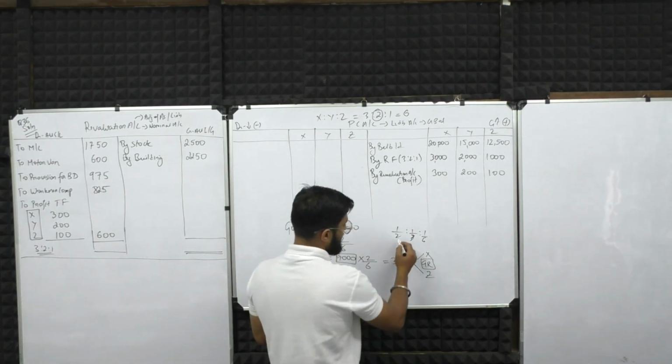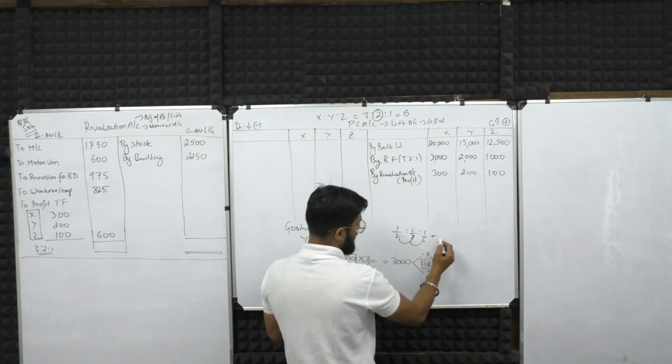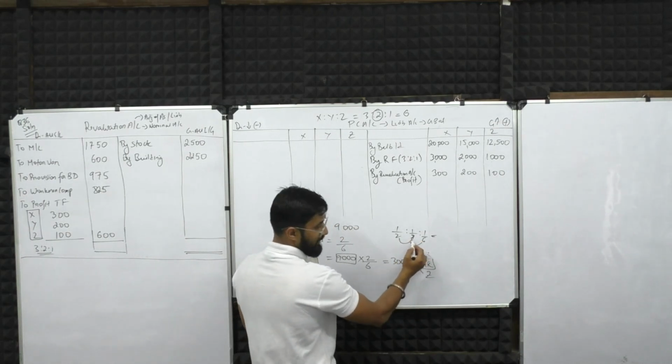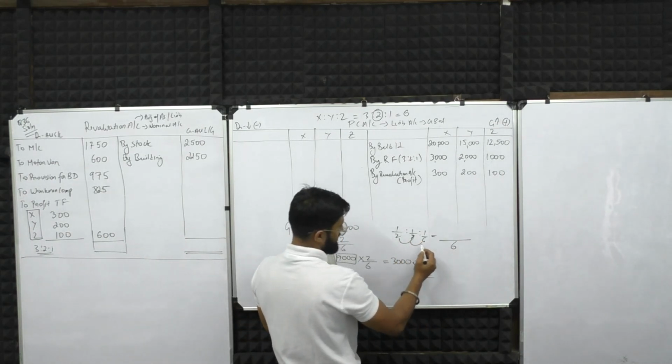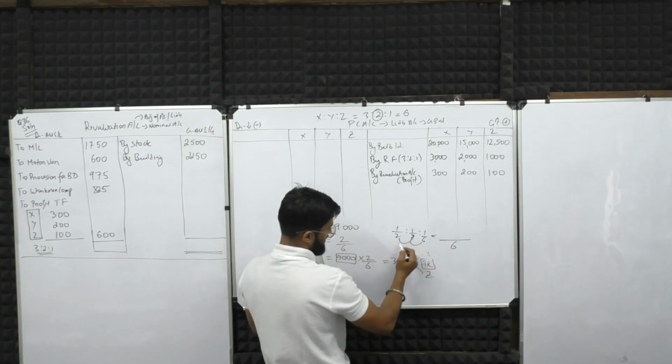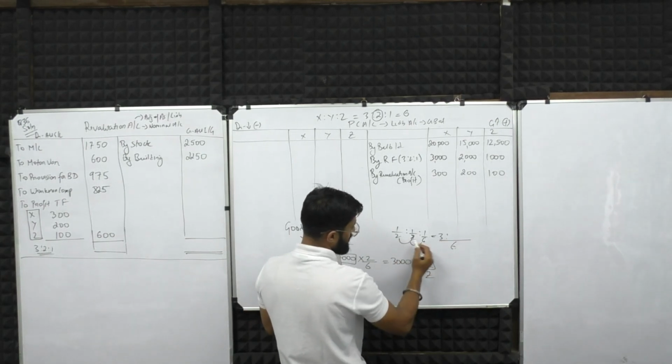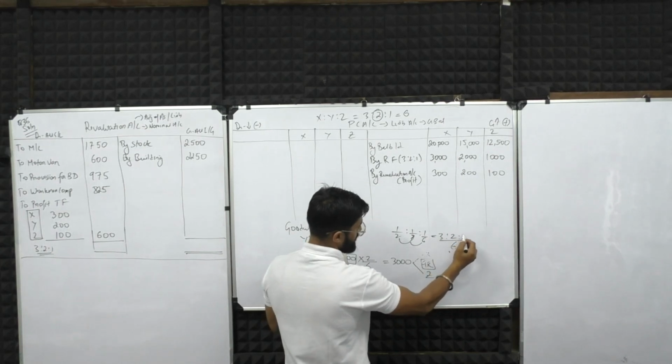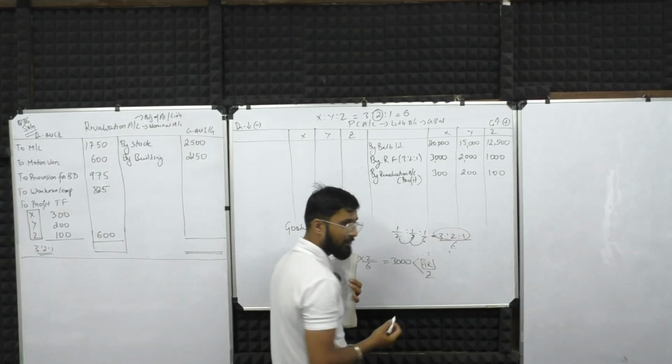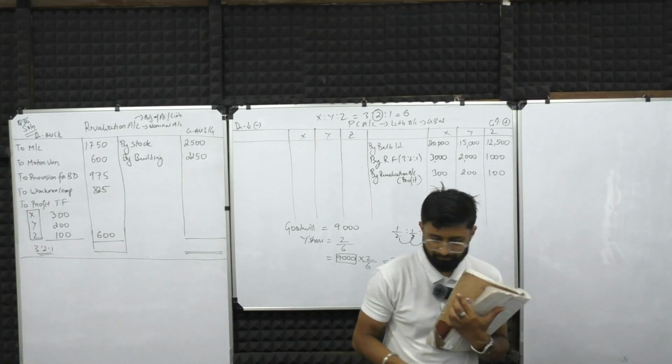The denominators here are 6, so we can multiply by 6: 3, 2, 1. So the old ratio is 3 is to 2 is to 1.